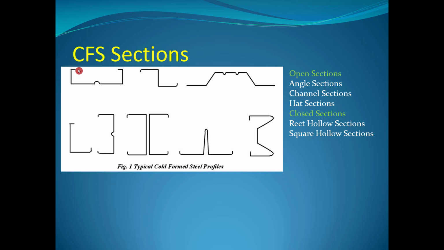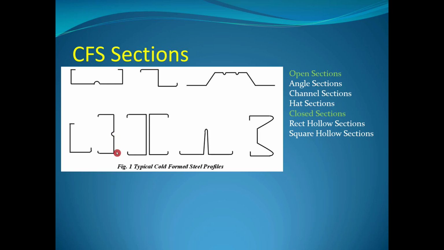If you put it like this, it will be a flange, and in the normal case you will go upward with this portion. This will be the web portion, and this is called the Z purlin section. And these are the hat sections, and we have the angle section. We will put it in a reverse way, that means this portion at the top.